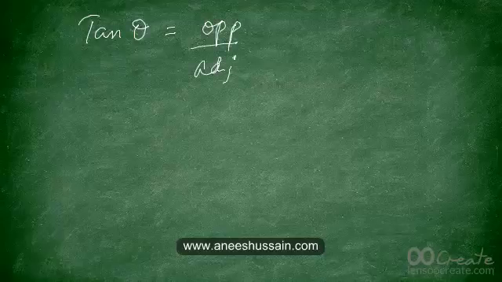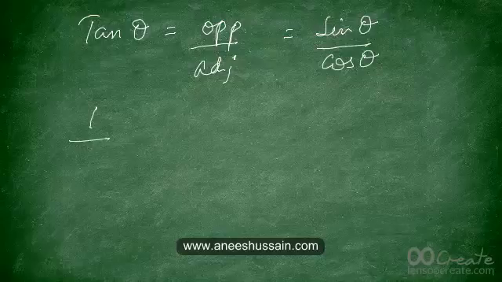Now tan theta is equal to the ratio between the opposite side and the adjacent side. We also know that this is equal to sine theta over cos theta. So the reciprocal of tan theta is 1 upon tan theta, and this is also written as cot, which is short for cotangent.